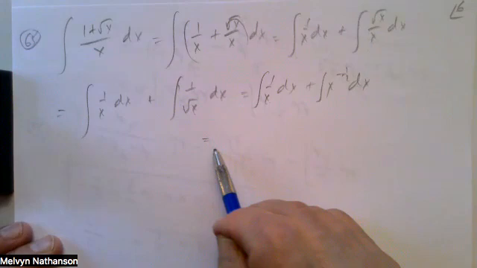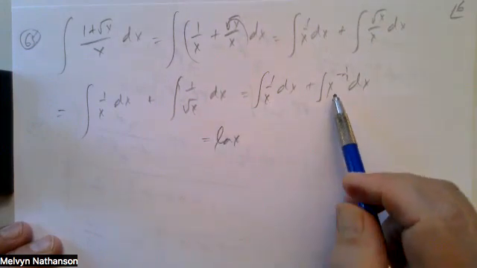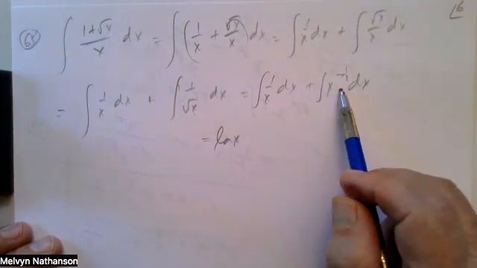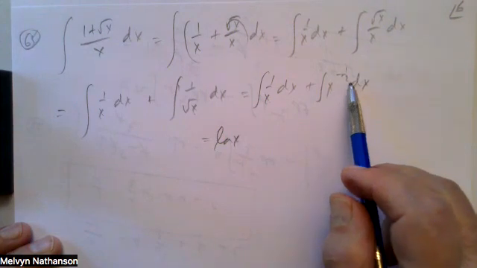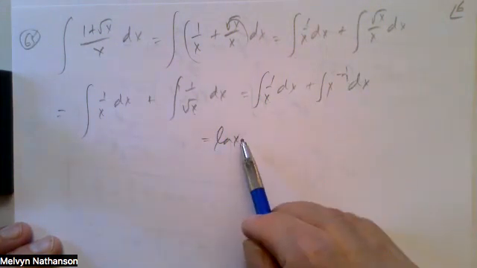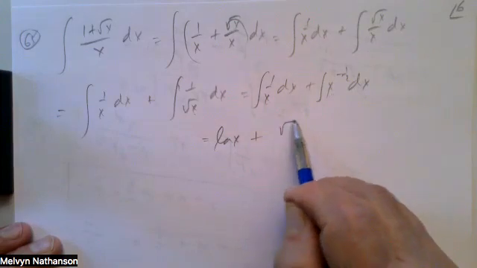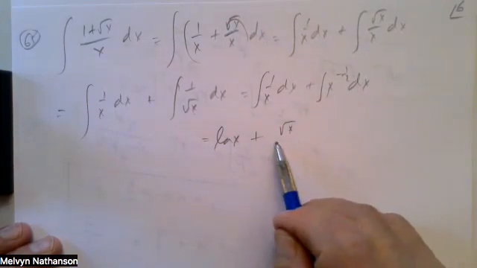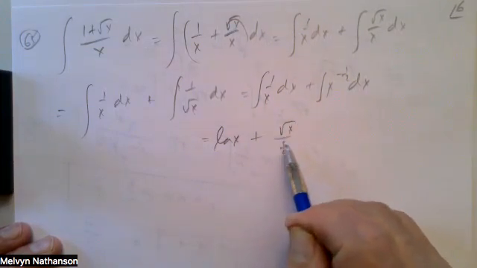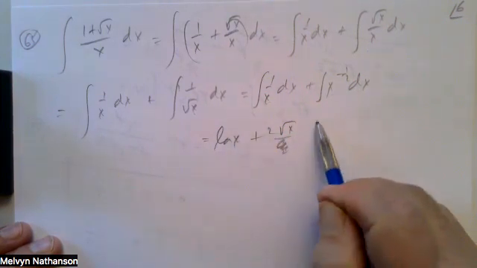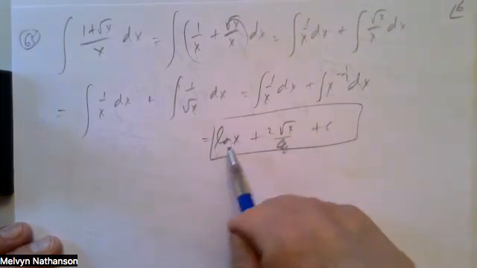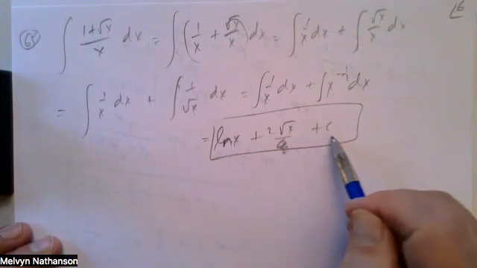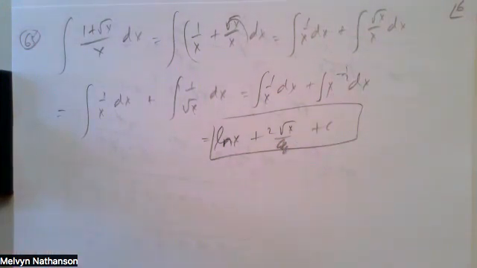The integral of 1 over x is log x. The integral of x to the minus 1/2, again, if you add 1 to minus 1/2, you get plus 1/2. So you get x to the 1/2, or the square root of x, over 1/2, and 1 over 1/2 is 2, plus a constant. So log x plus 2 root x plus c, that's the answer.